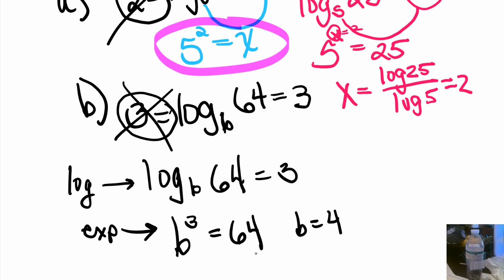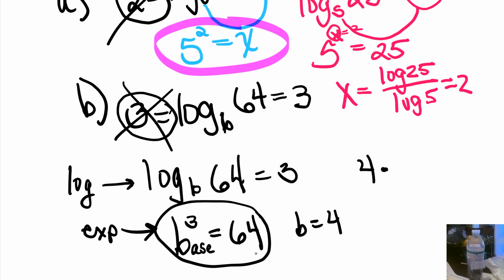And we know that because we know our powers, right? So this is the answer they're looking for. If you were evaluating it, the base, by the way, this is your base, is being raised. So that base raised to the 3rd power is 64. That base is 4, and we know that because 4 times 4 times 4 is equal to 64.